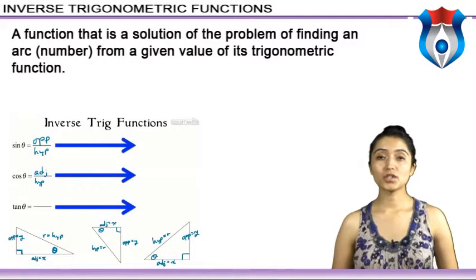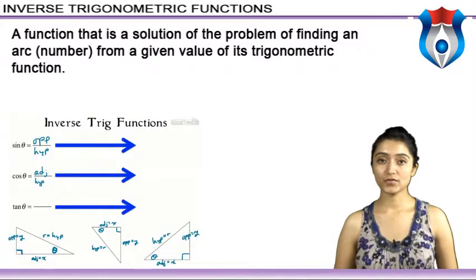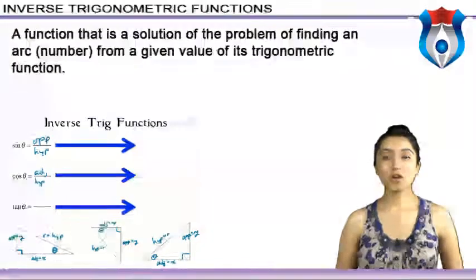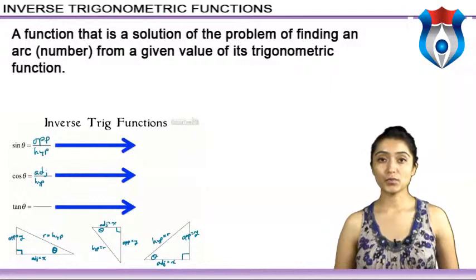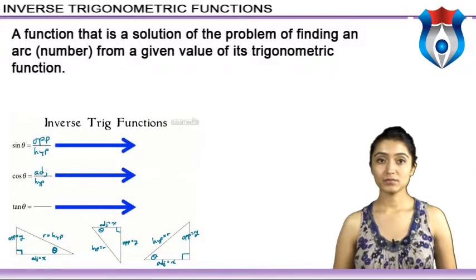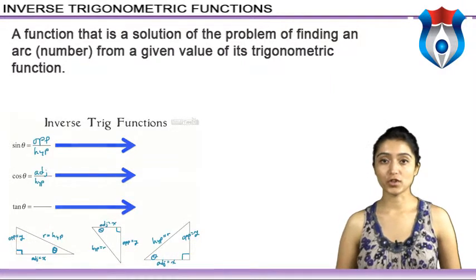Let us start with the introduction to the inverse trigonometric functions. A function that is a solution of the problem of finding an arc from a given value of its trigonometric function.